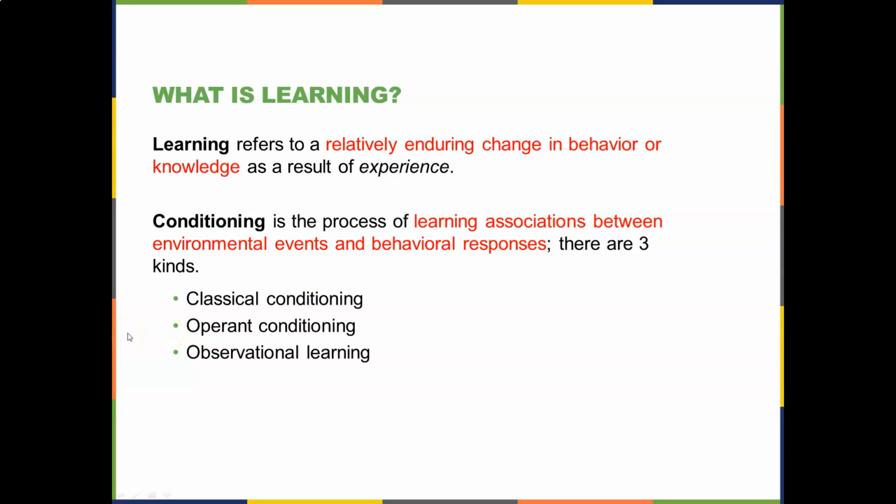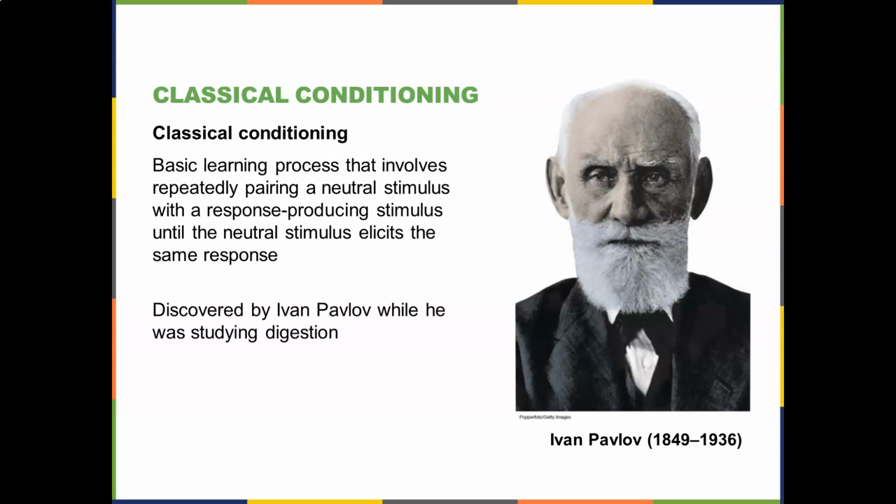We'll begin by taking a look at classical conditioning. Classical conditioning basically involves repeatedly pairing a neutral stimulus with a response-producing stimulus until the neutral stimulus elicits the same response.